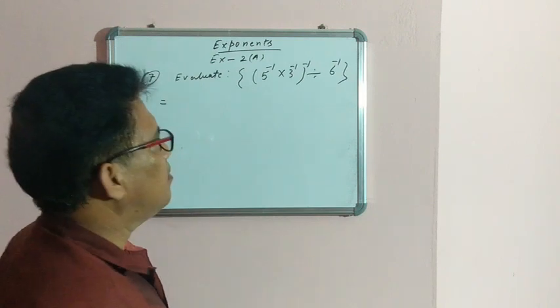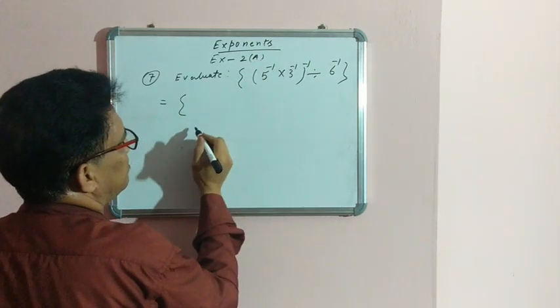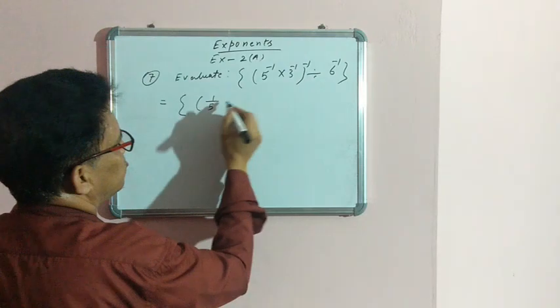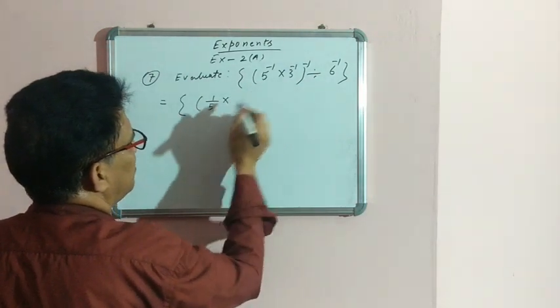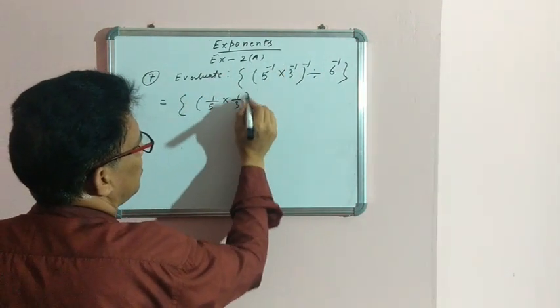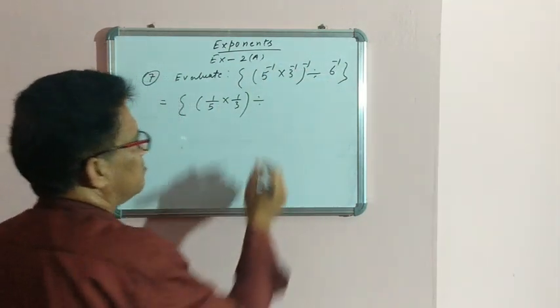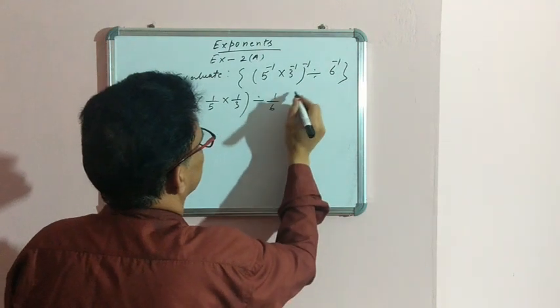So I am writing here 5 power minus 1, that is equal to 1 by 5, into 3 power minus 1, just do the reciprocal. 3 by 1 is there, so 1 by 3, divided by 6 by 1 power minus 1 is there, so you can write 6, so 1 by 6.